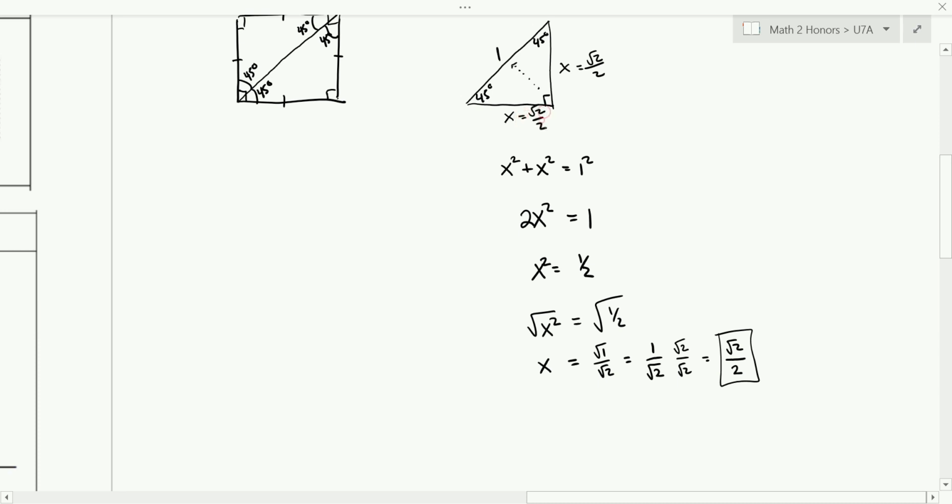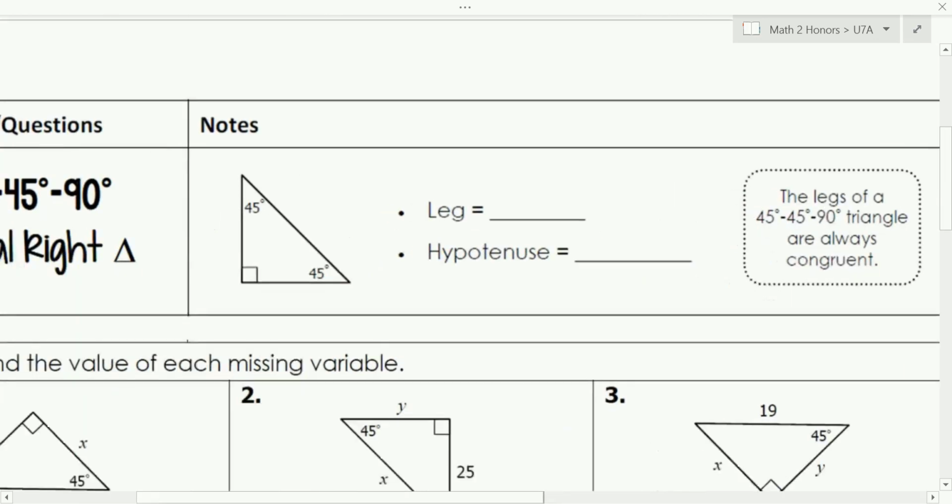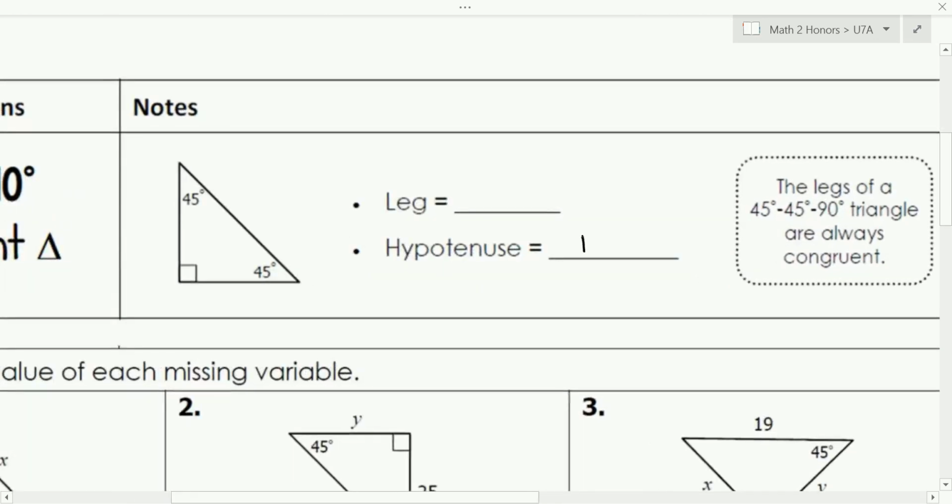All right. So in our notes, we're going to put those lengths. So we have our hypotenuse is equal to length 1. Our legs are both the same length at root 2 over 2, which we just solved for. I'll put it in the picture here.